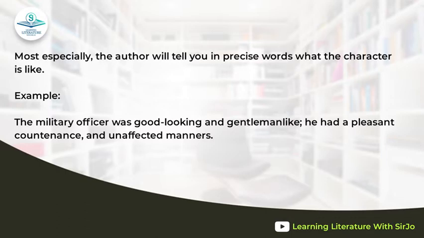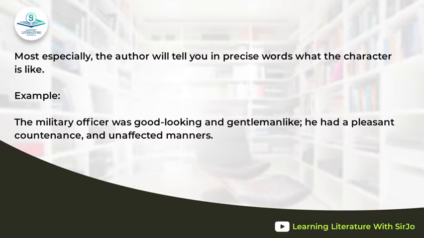For instance, the military officer was good looking and gentlemanlike. He had a pleasant countenance and unaffected manners. When you look at this particular example, we are given direct description by the writer about the character, the military officer. We get to know from the words that describe him who the military officer is.